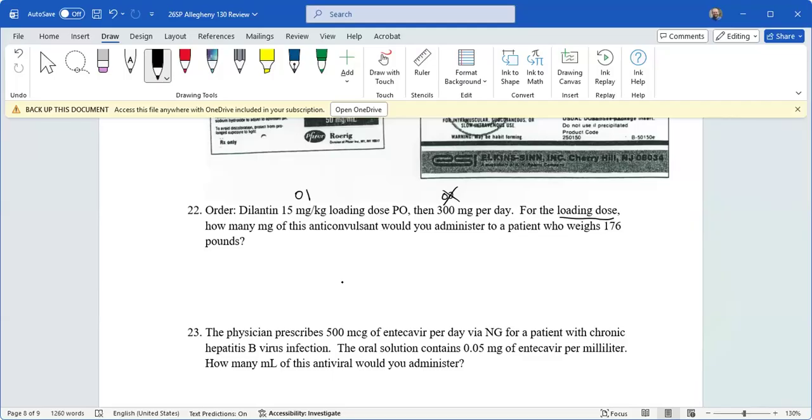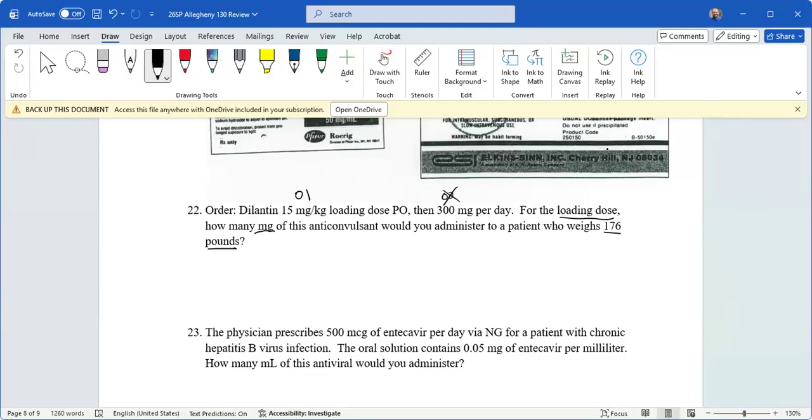How many milligrams? This is a little different too, because you're used to calculating how many tablets, capsules, or mLs. We don't have a label for this particular question. The question is just how many milligrams you are going to give for the loading dose for a patient who weighs 176 pounds. The first step is that if I'm in pounds, we need to convert to kilograms.